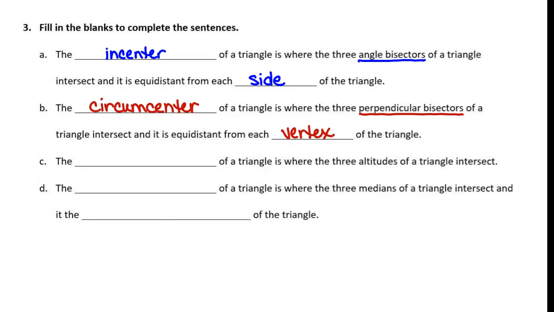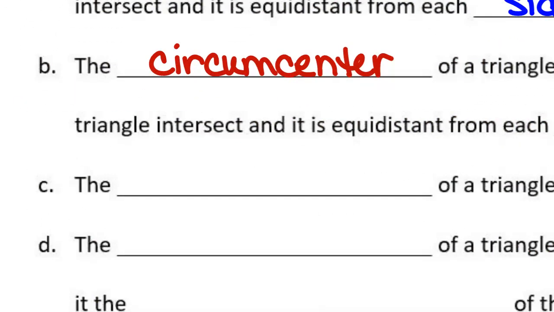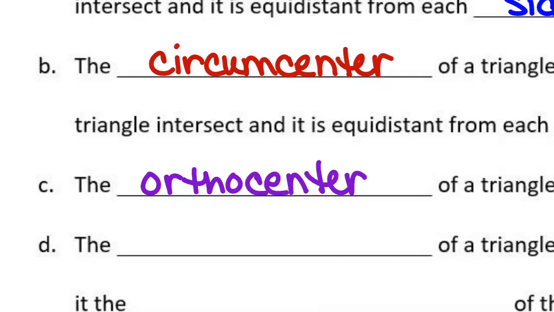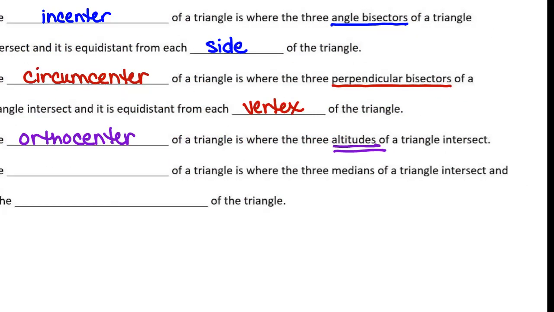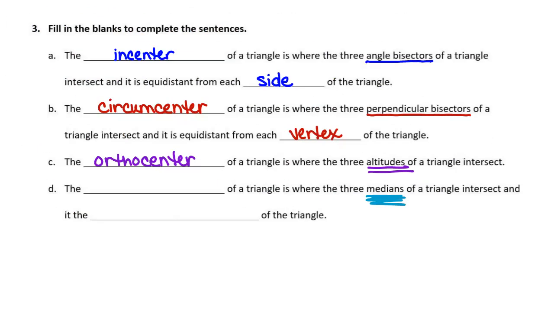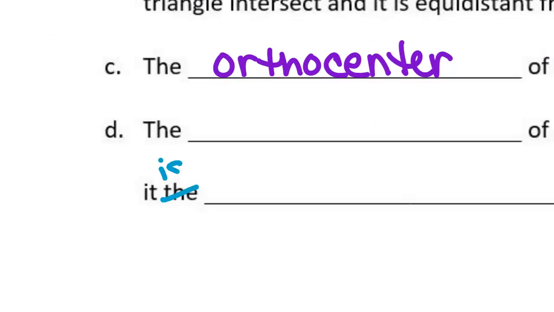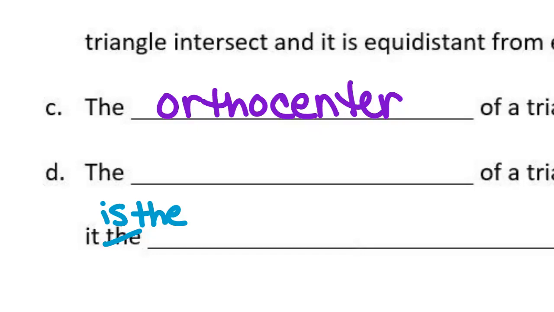The blank of a triangle is where the three altitudes of a triangle intersect. This is the one that we didn't talk about very much. This is the orthocenter. And then the last one, the blank of a triangle is where the three medians of a triangle intersect. This is the centroid.